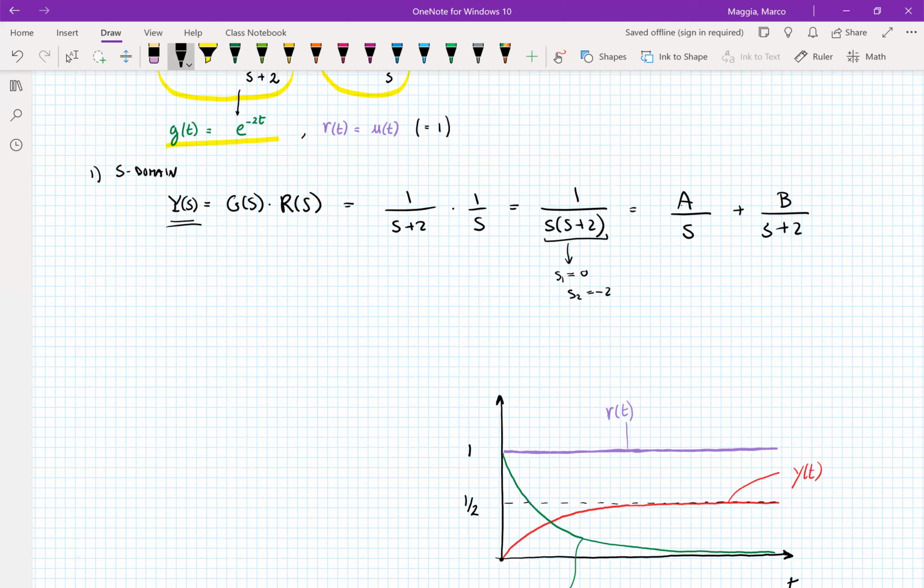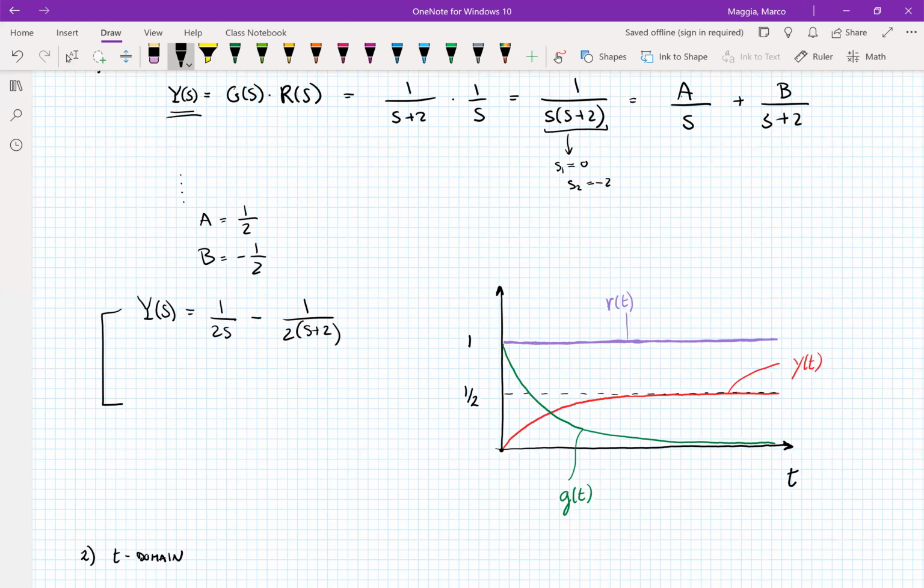I'll let you do the intermediate steps, and you'll find that a is equal to 1/2 and b is equal to minus 1/2. Or y of s is equal to 1 over 2s minus 1 over 2 times s plus 2.